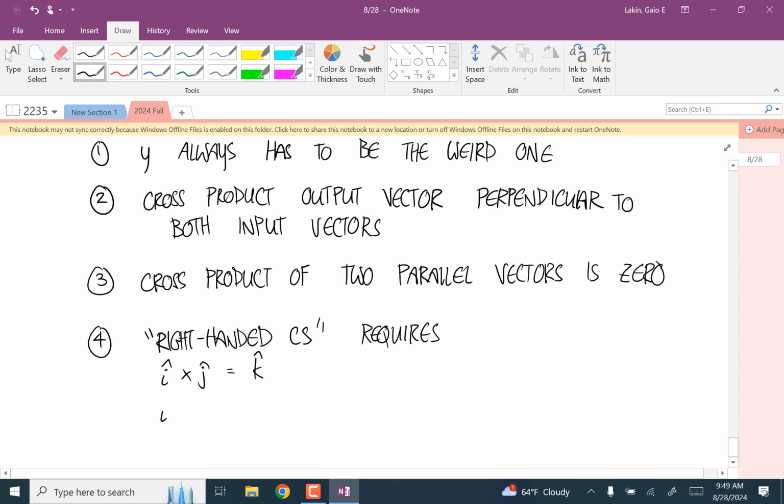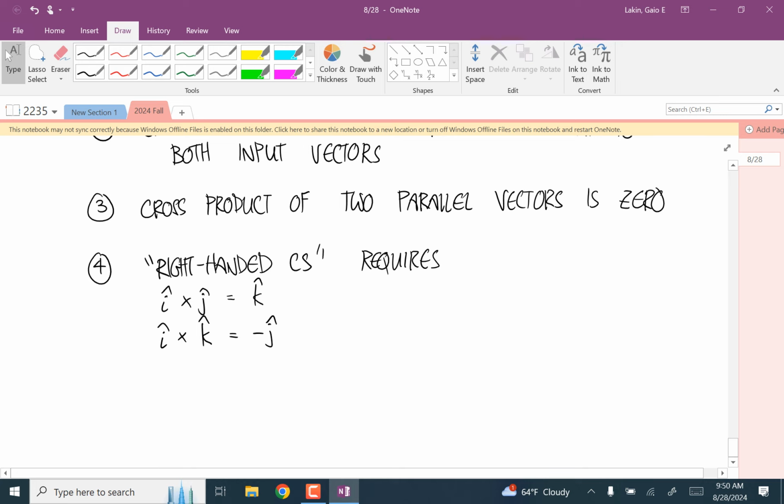I cross k is equal to j, right? Nope, it always has to be the weird one, so negative j. And j cross k has to be equal to I.